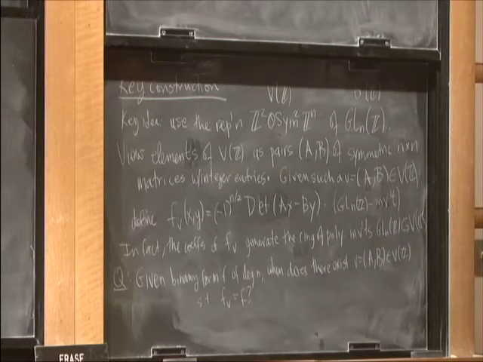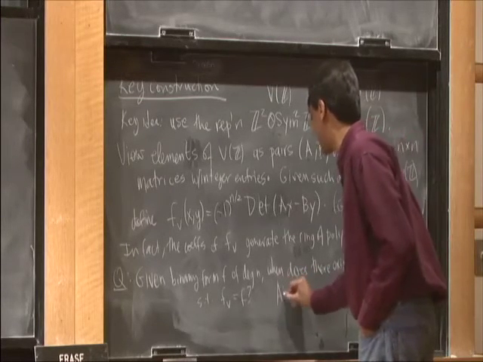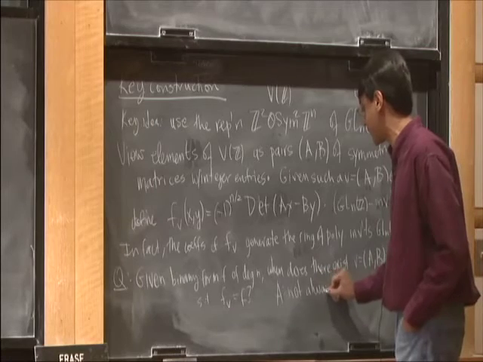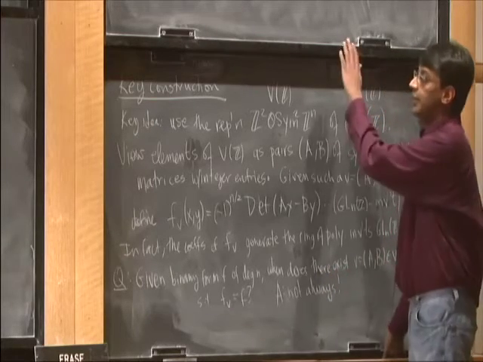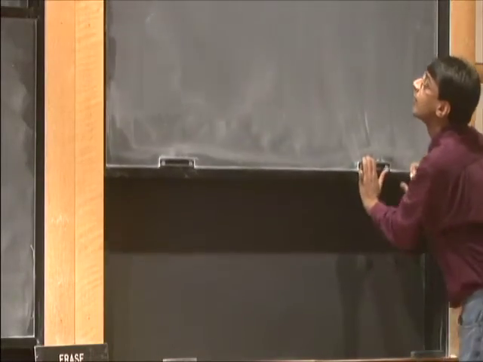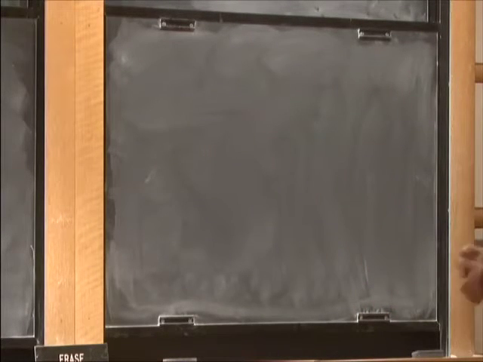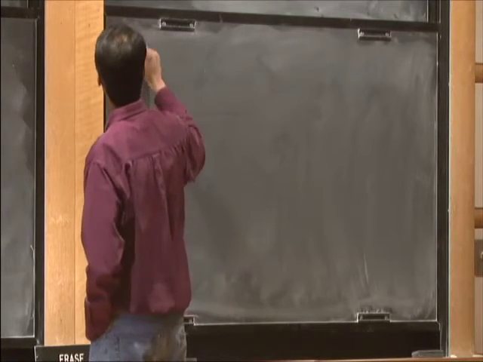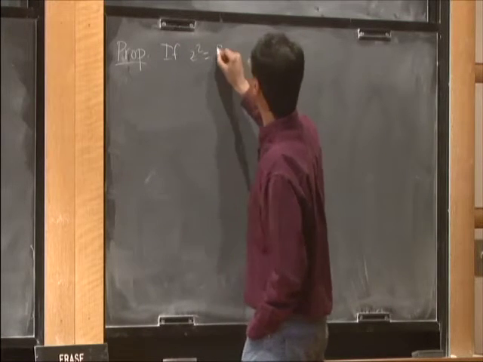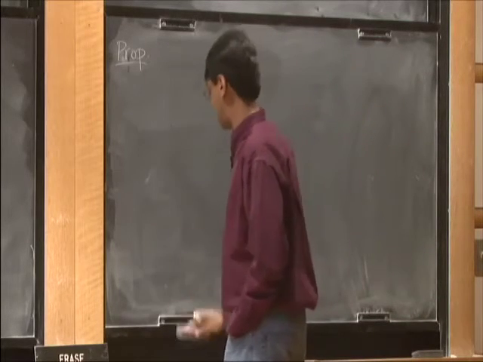So you might think that this is always possible. That's what I first thought when I looked at this. And then I couldn't find a general construction, and then I eventually was able to prove that there doesn't always exist. So the short answer is: not always. That means some binary n-ic forms are special. I won't give a complete answer today of when it does exist, but I'll give you a sufficient condition, which is relevant to the theorem at hand: if z squared equals f(x,y) has a rational point, then such an (A,B) exists.